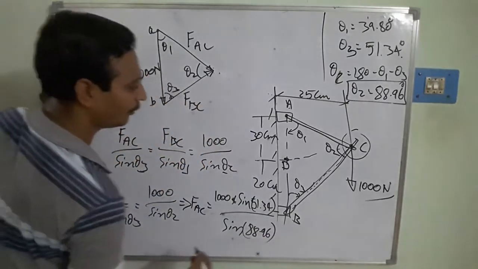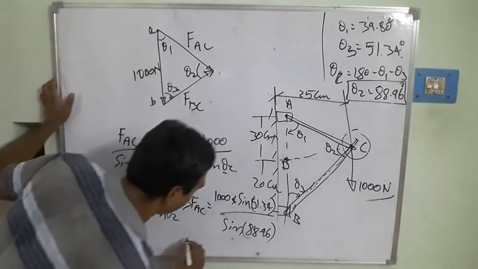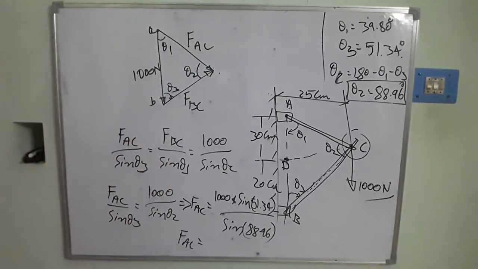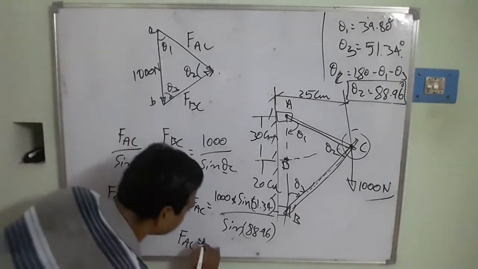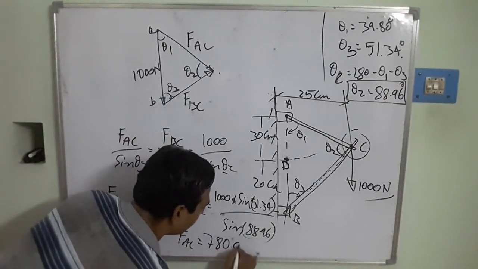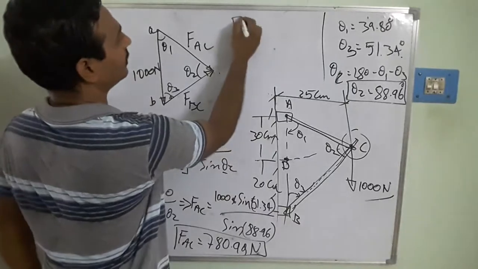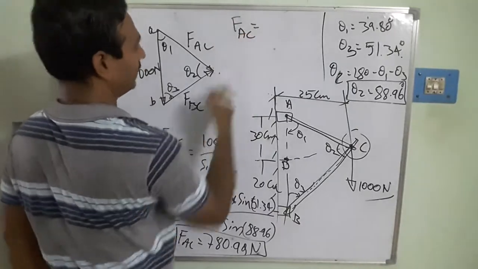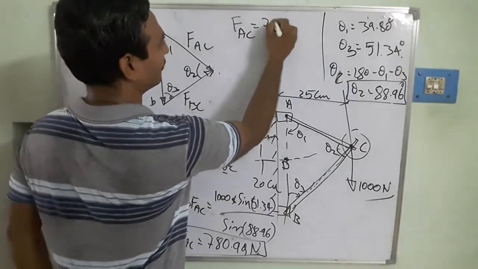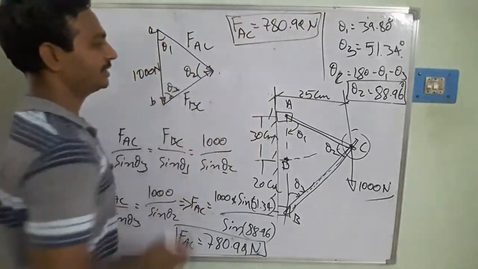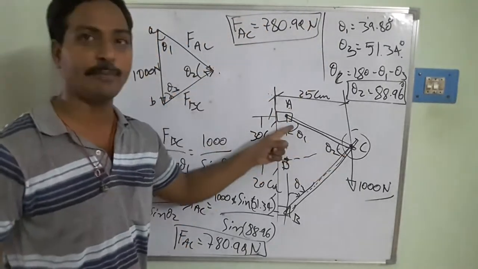From this, we have calculated that FAC is 780.99 newtons. So I am writing the axial force in this member, FAC is equal to 780.99 newtons. This is the force developed inside the member AC.